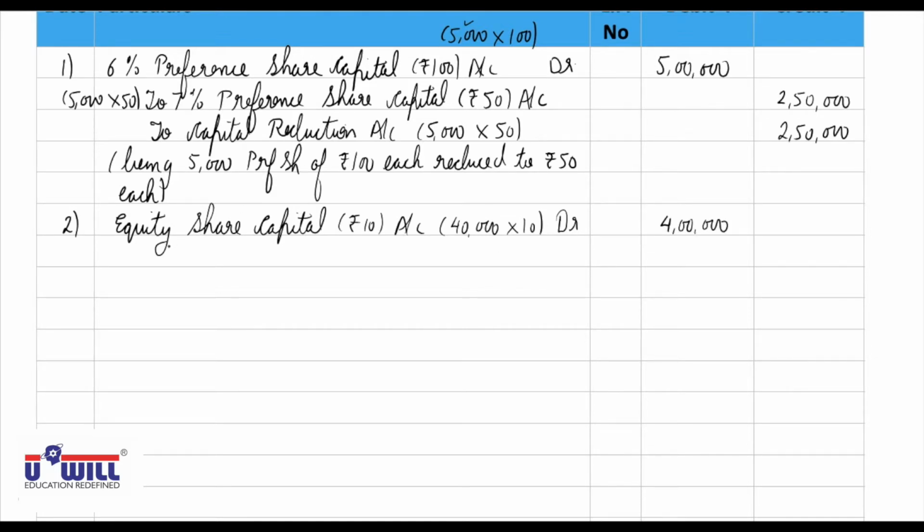So to equity share capital with new face value rupees 3 account credit, and the amount will also be 40,000 into 3, 1,20,000.